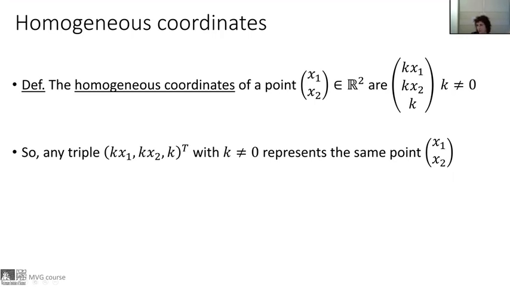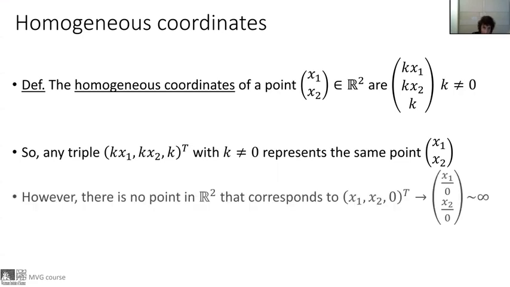Can any triple be represented as a point in R2? No, you said that points with z equal to 0 cannot be represented. Right.